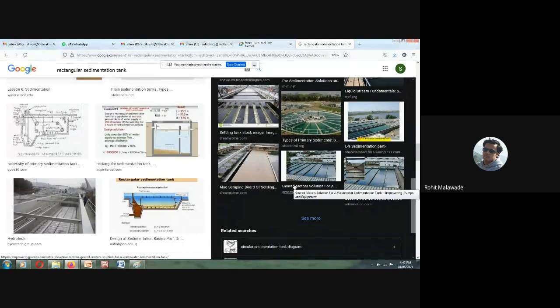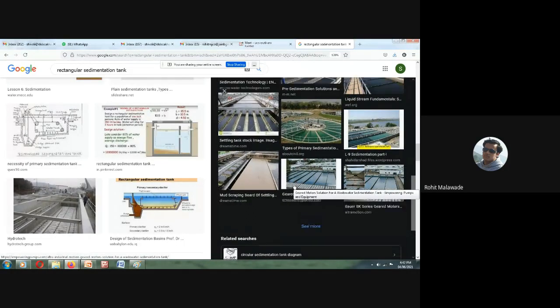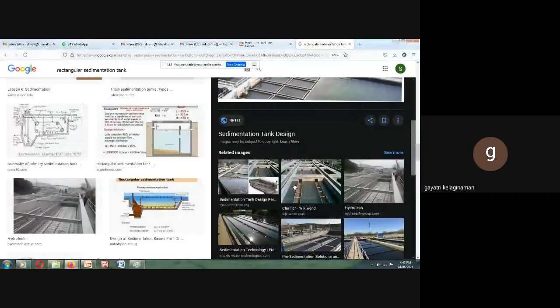Is it clear? Yes, sir. We have seen the different types of sedimentation tank based upon their flow and based upon their shape.